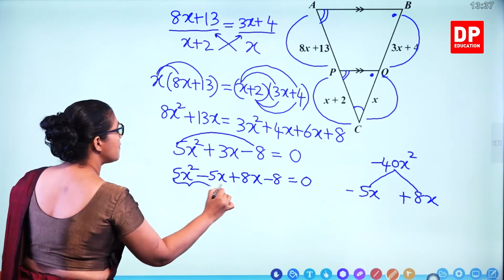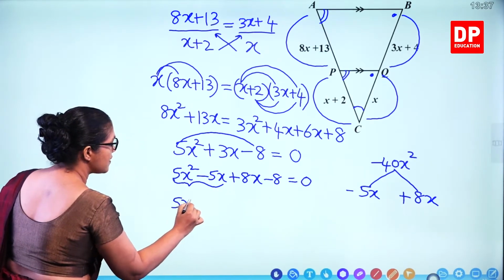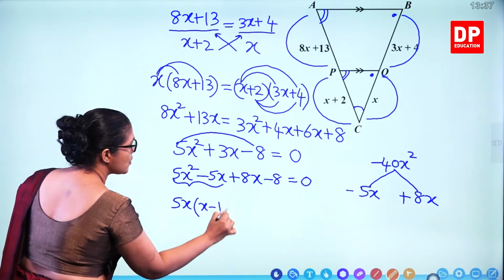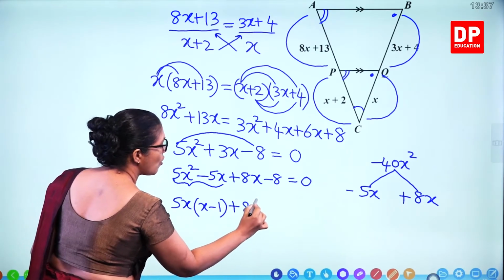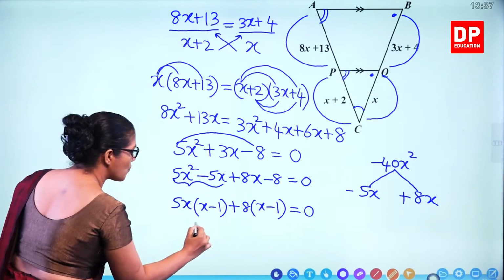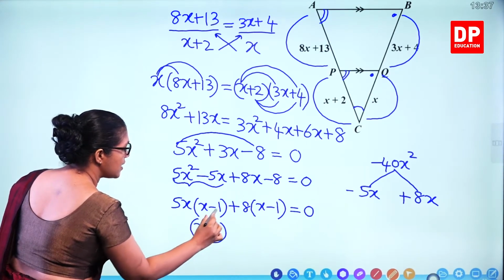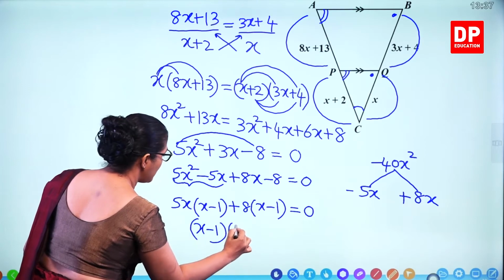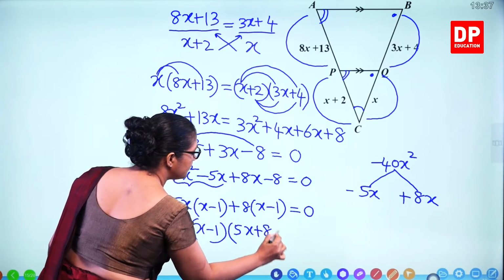Then take the first 2, you get 5x is common, x minus 1. Here plus 8 is common, here x minus 1. Now x minus 1 is common, take it out. The remaining one is 5x plus 8.